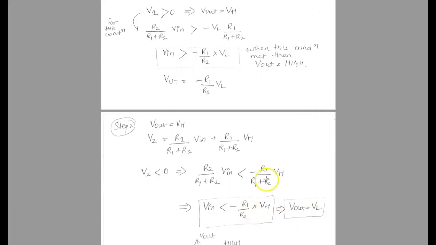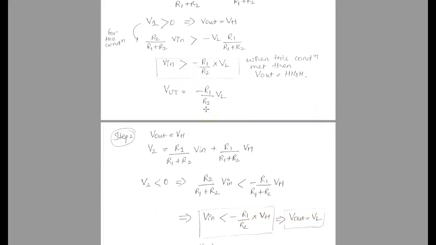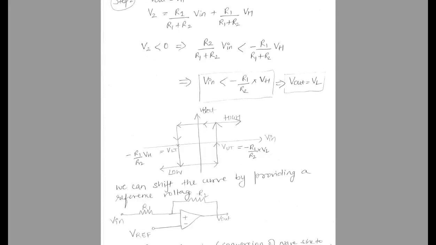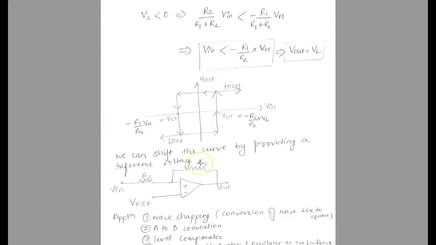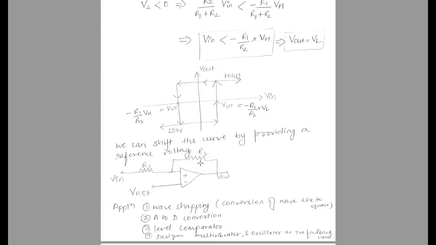If it is overwhelming right now, you can pause the video, quickly go through this derivation and try to solve it on your own, and you will see how we create the upper threshold limit and the lower threshold limit.